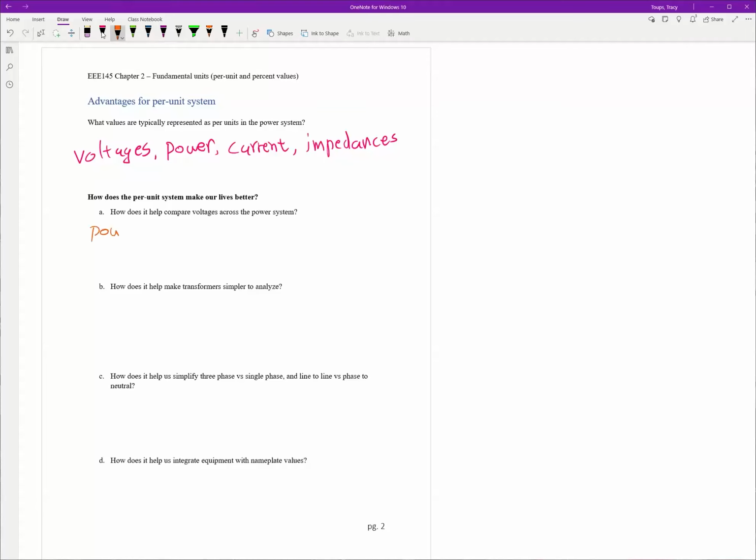Power system has many voltage levels. We could go all the way down from like 12.47 kV, all the way to 768 kV, which is extremely high, right?